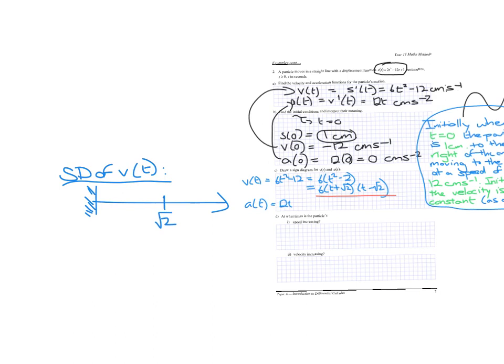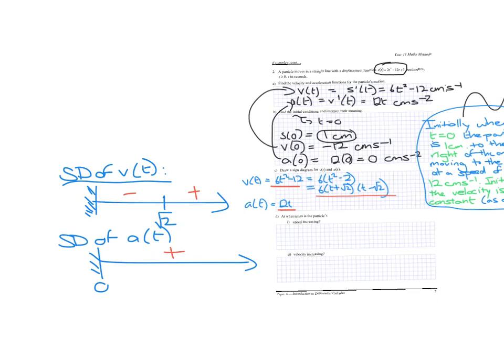If you substituted 1 into V of t, you'd get 6 take 12, which is a negative number, so that's going to be negative and that's going to be positive. That's our sign diagram. If we're doing a sign diagram of A of t, we're just going to have only one critical point. That's the critical point at 0. It's going to continue on like that forever. You substitute any point into here that's bigger than 0, you're going to get a positive value. So that's the sign diagram of A of t.